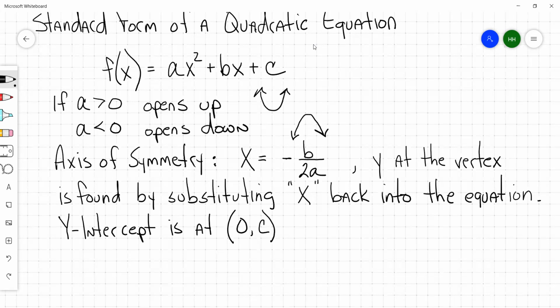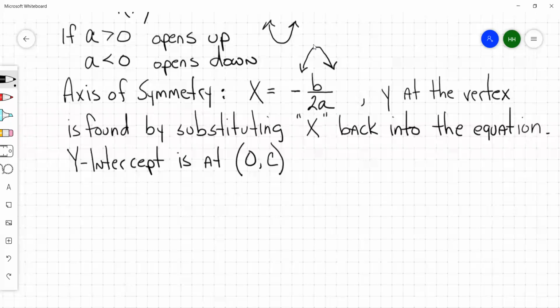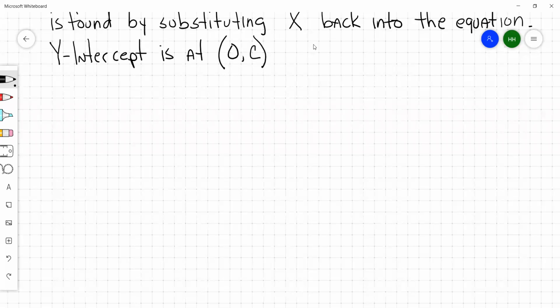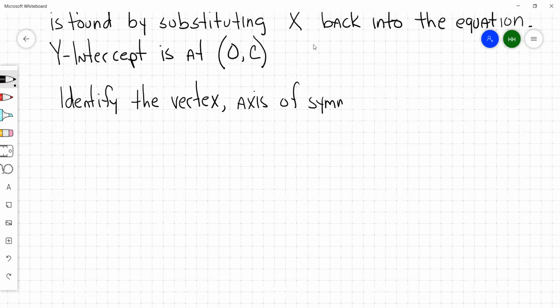Okay, so first part of your assignment today. You're going to be asked to identify the vertex, axis of symmetry, min or max value, and the range.